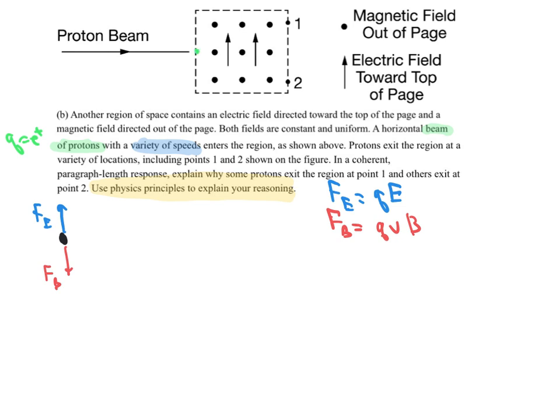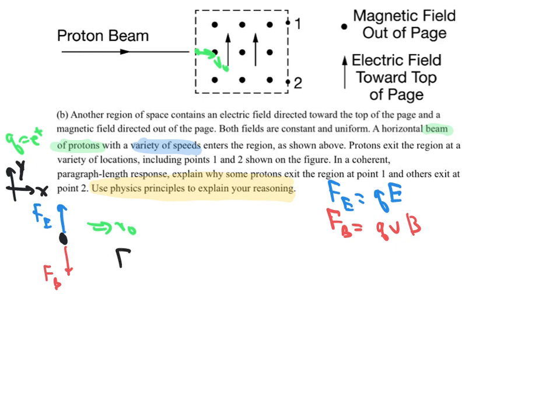Let's take the case when the proton has just entered, with some initial speed, heading that way. Let's take a coordinate frame with that as y and that as x.